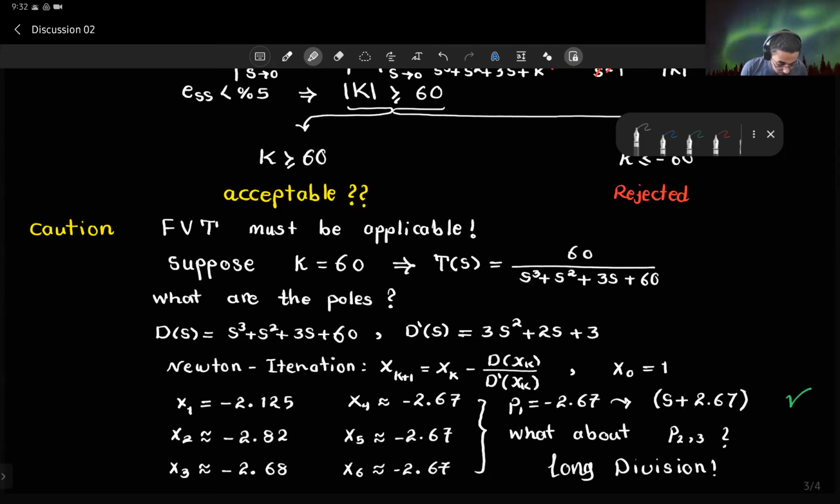Okay, x minus x cubed plus x squared plus 3x plus 60 divided by 3x squared plus 2x plus 3. Okay, so 1 store x. All right.